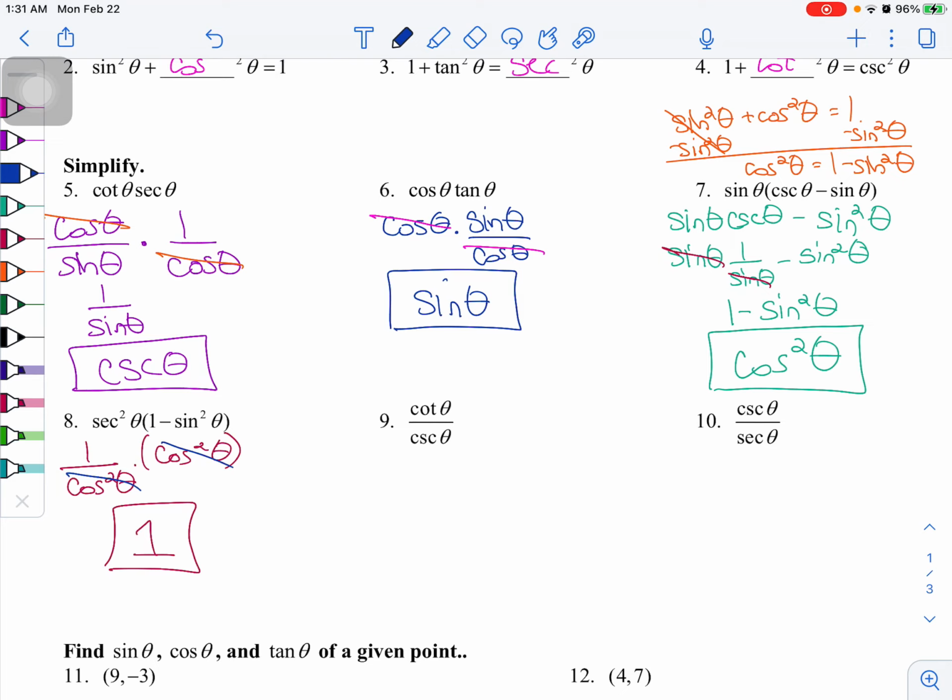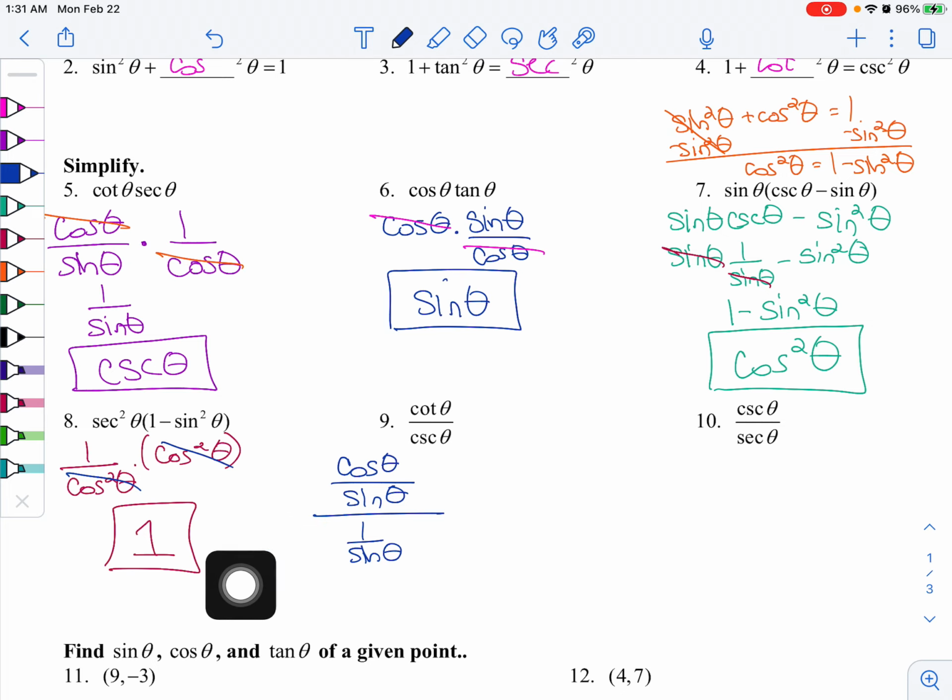Let's see, problem number 9, we've got what's going to turn into a complex fraction. Now I'm going to do number 9 as a complex fraction, and then I'll do number 10, which is a similar kind of problem, but without turning it into a complex fraction. So cotangent theta is cosine theta over sine theta, and then cosecant theta is 1 over sine theta.